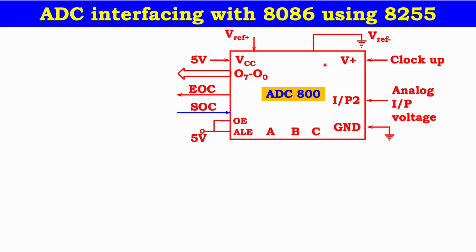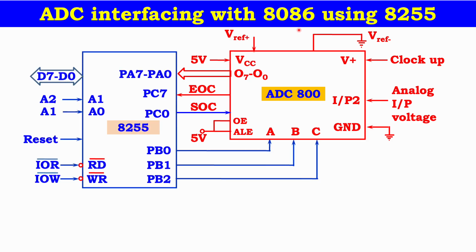By using this ADC, the converted signal is interfaced to the 8255 and 8086. How is it? Let us see one by one. See there, we have an 8255. How many ports do we have? We have 3 ports.